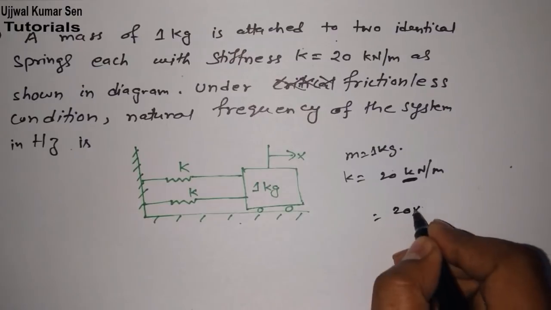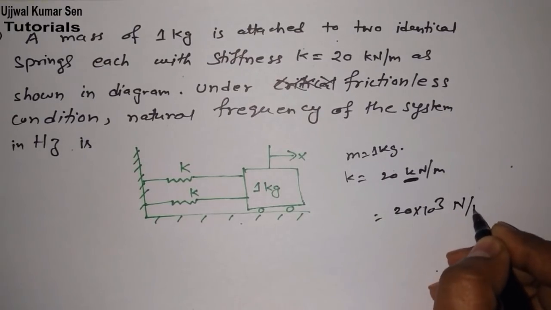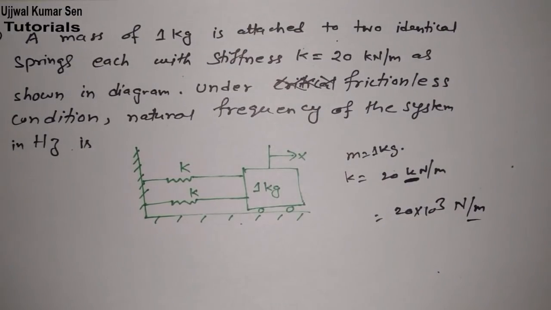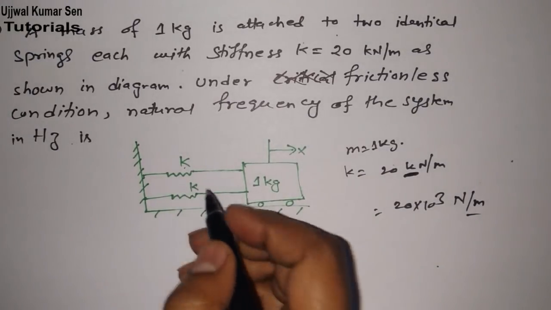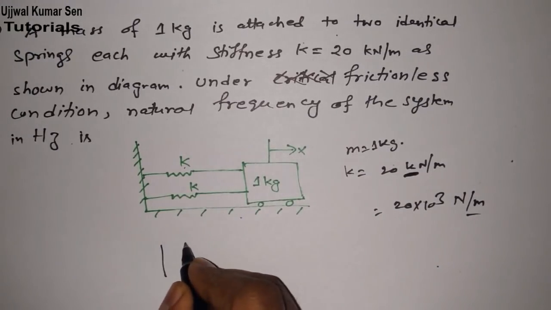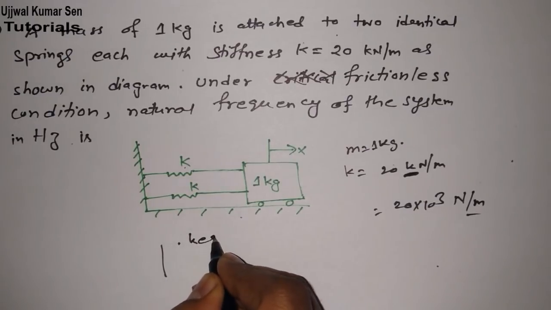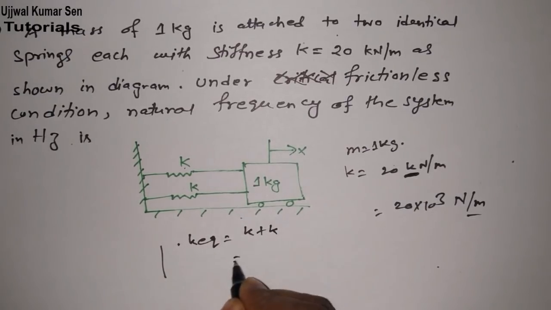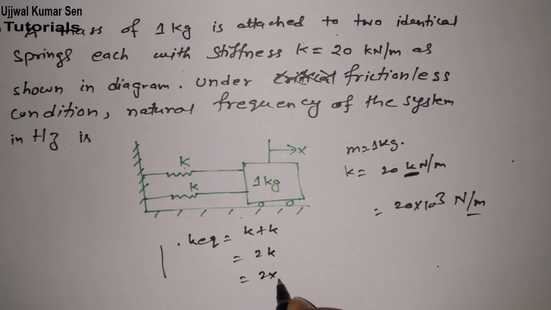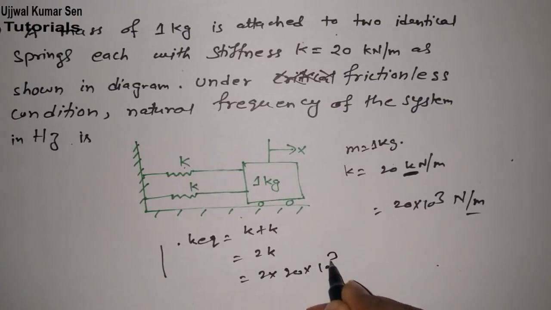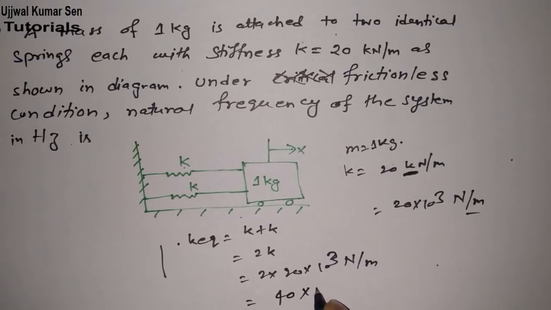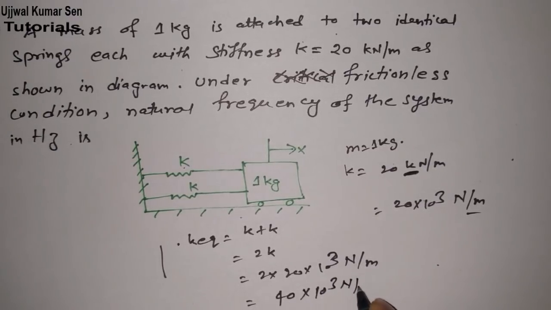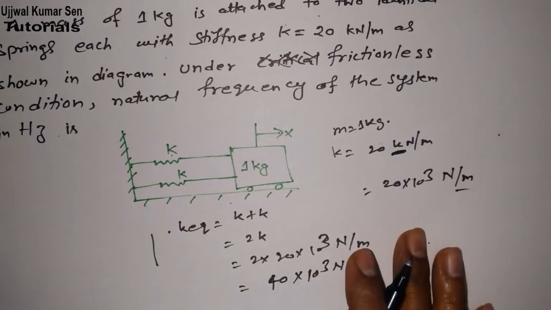That means 20 into 10 to the power of 3 Newton per meter. Now both the stiffnesses are in series. If I want to get one stiffness, then k equivalent is equal to k plus k, therefore it's 2k, therefore 2 multiplied by 20 multiplied by 10 to the power 3 Newton per meter, therefore 40 into 10 to the power 3 Newton per meter total stiffness.